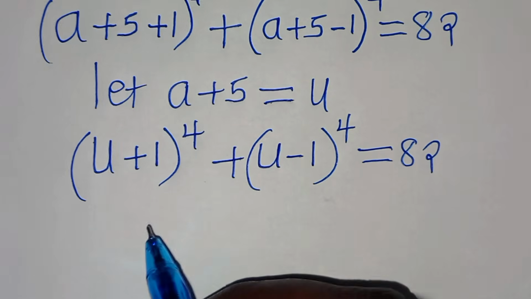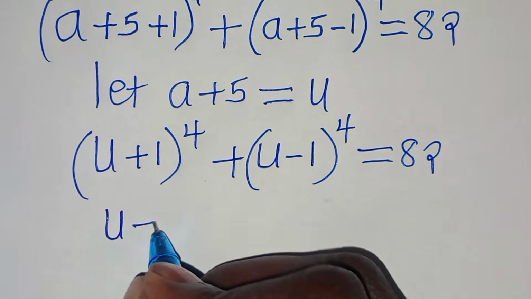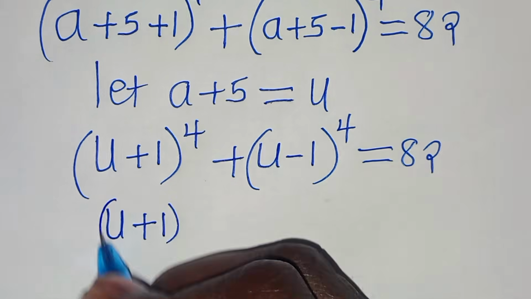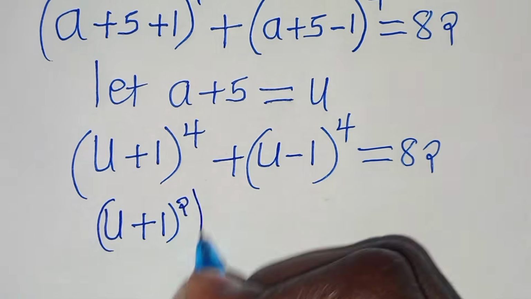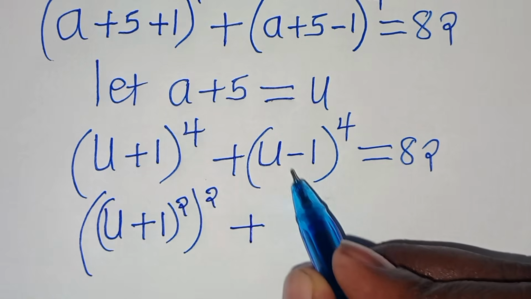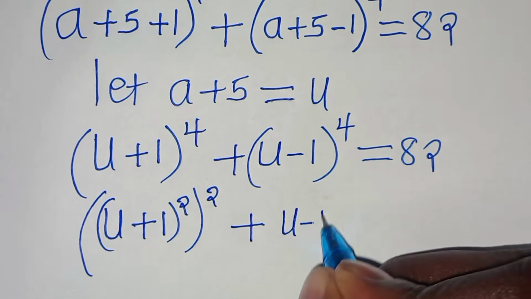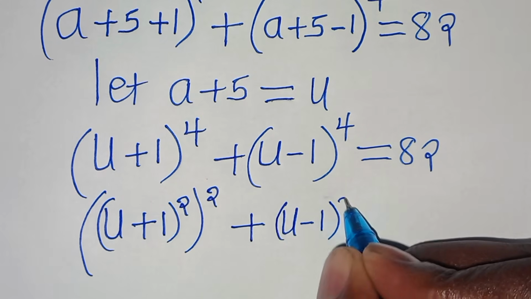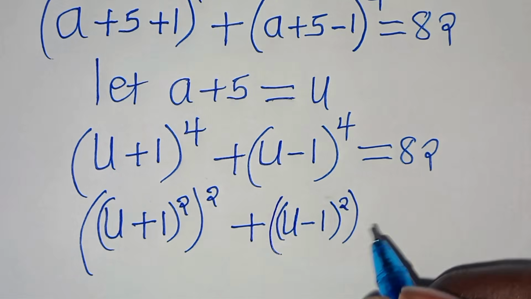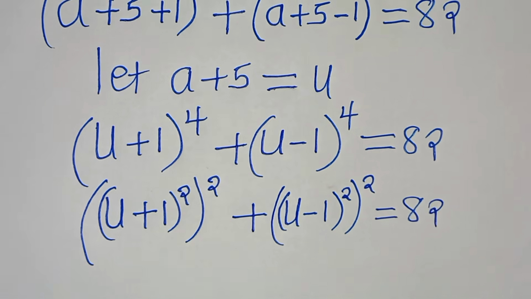The next step is that we can express (u+1)^4 as ((u+1)^2)^2, then plus (u-1)^4, which is ((u-1)^2)^2. This is equal to 82.